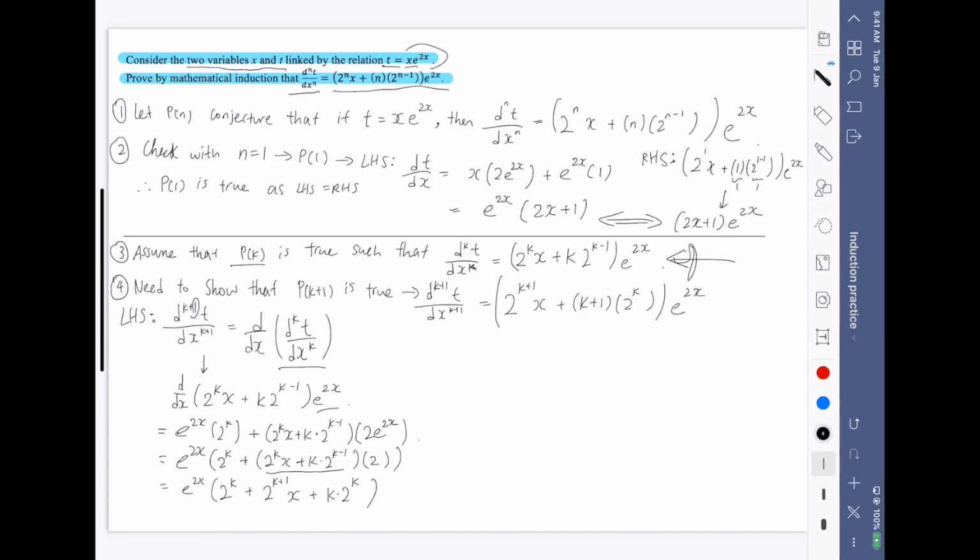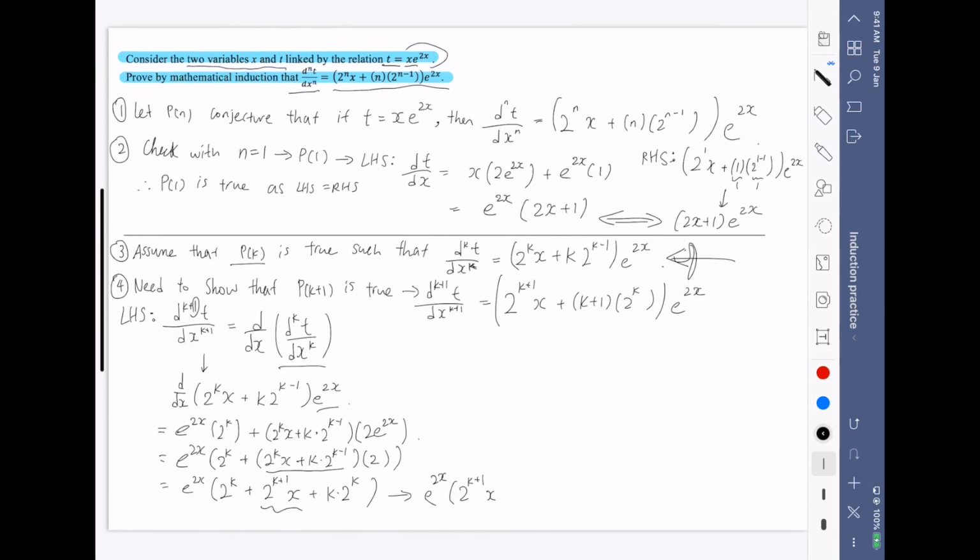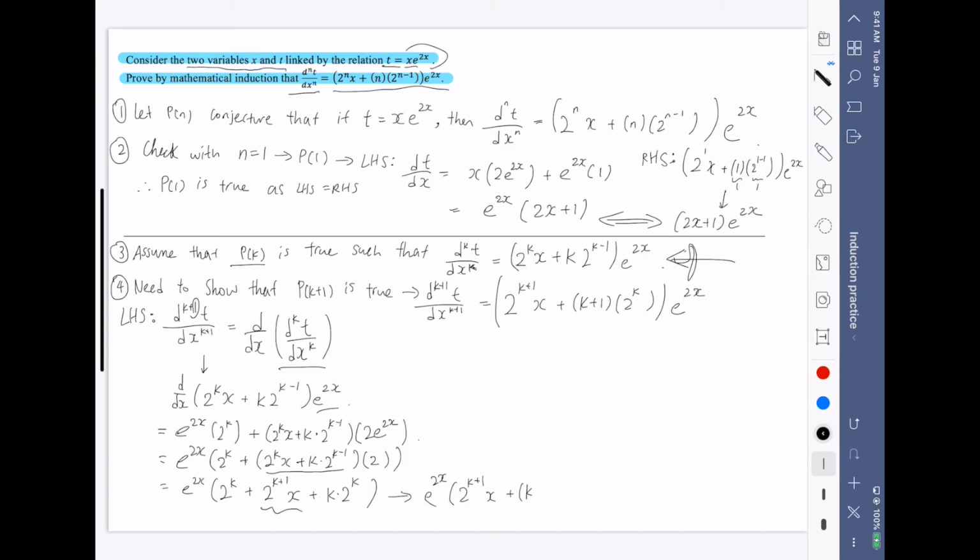And then, again, we can simplify this by taking out the common factor of k plus 1. So this expression would simplify into e to the power of 2x bracket 2^(k+1) x, which is this, and taking out the 2^k, it becomes (k plus 1) times 2^k.